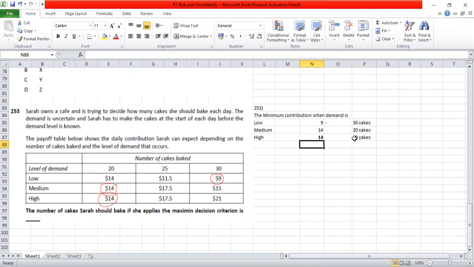Both of them are 14. So the number of cakes which has to be selected is 20.